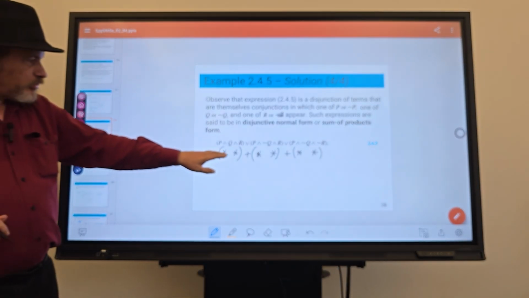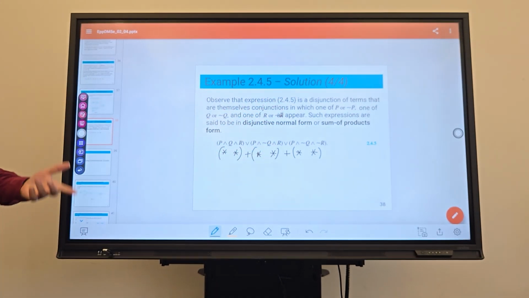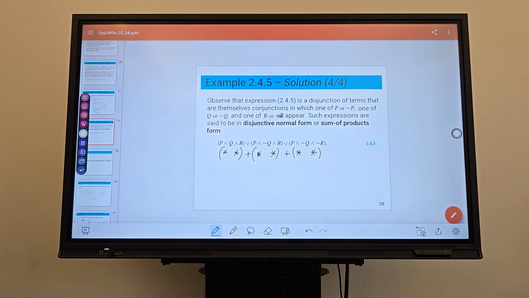So these products are summed together, so it's the sum of products. That's if you're using that type of notation.